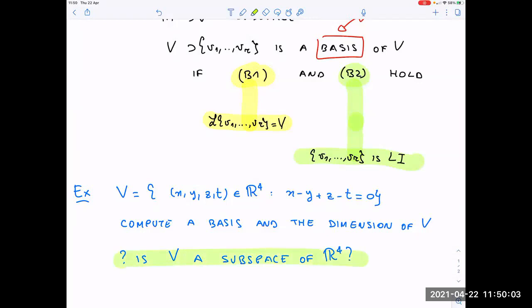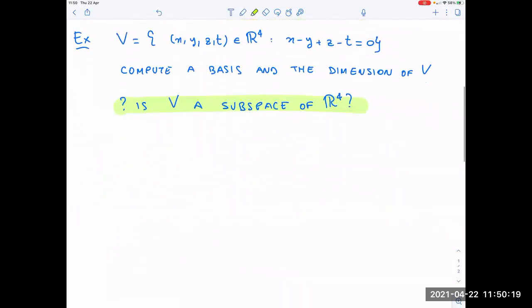If you're asked to find the basis and the dimension, the object is going to be a subspace. In the exercise it is said it is, but we want to practice this definition too. So is it a subspace or not? Well, the answer is going to be yes, but how do you prove it? Why is it a subspace? Do you have a quick way to convince me that it is a subspace?